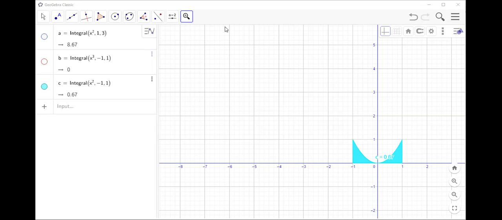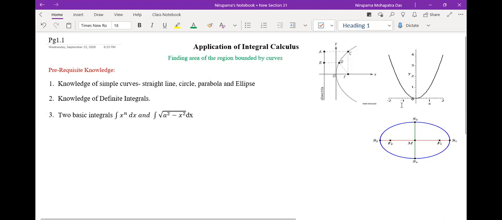Let me just take you to the topic. In application of integral calculus, what do we require here? One application we will be discussing is finding the area of the region bounded by the curves.